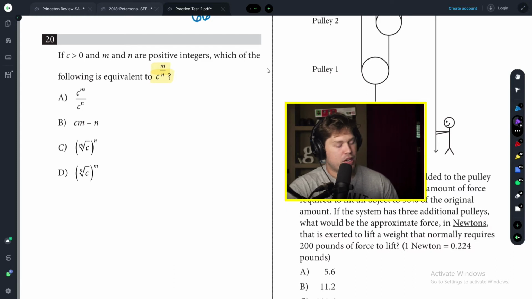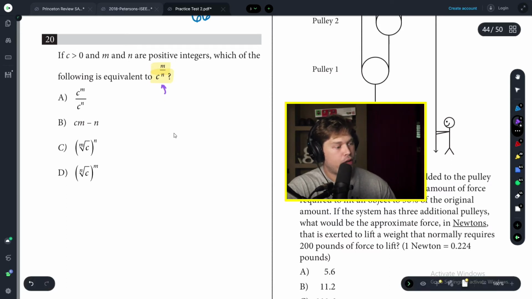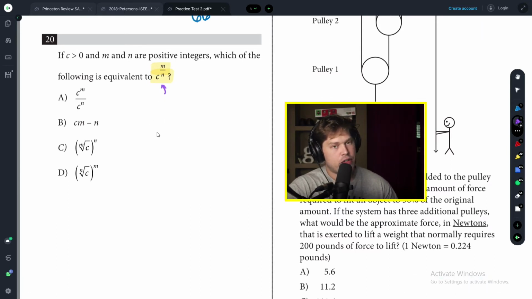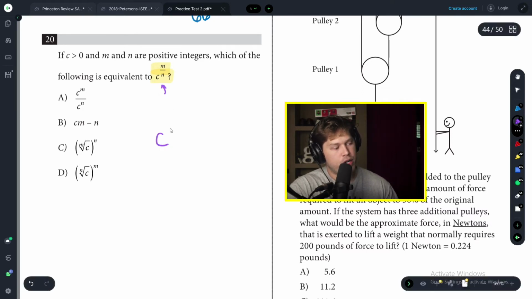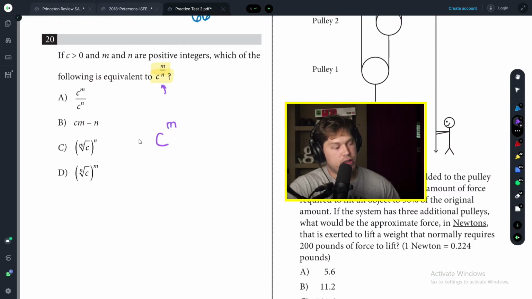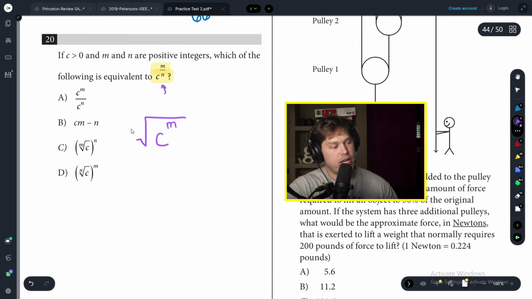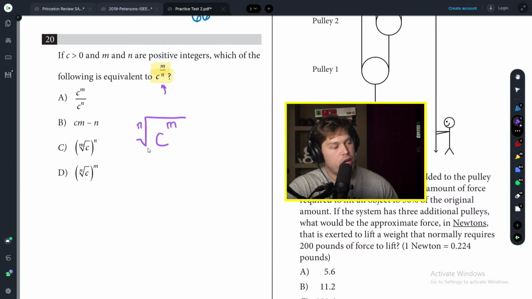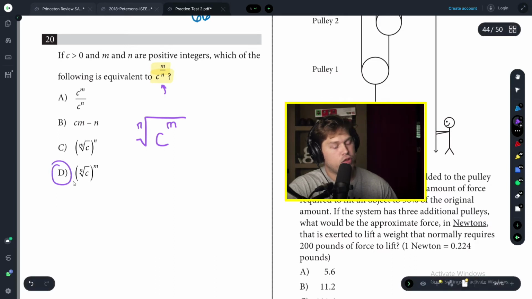A lot of students have trouble with exponents, but the important thing to remember for fractional exponents is that, in a fractional exponent, your numerator represents what power your base is raised to, and your denominator represents which root you are taking. So c raised to the m over n power represents the nth root of c raised to the m. So this is choice D.